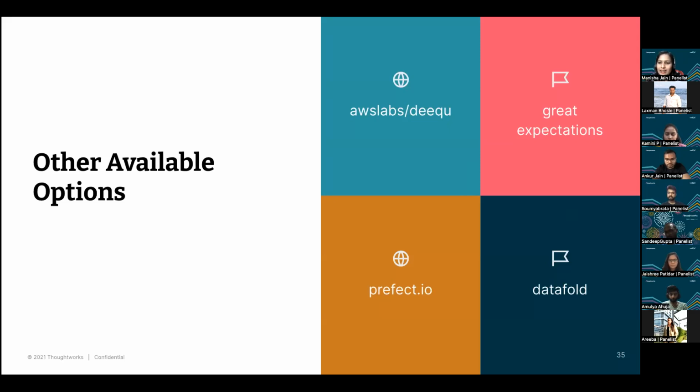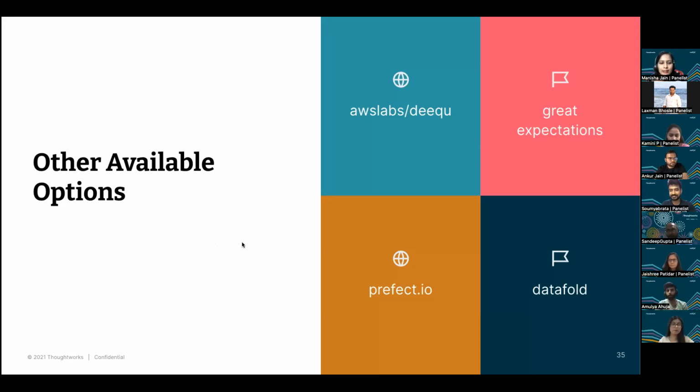But these are additional things where you're only looking for specific things. Like, I have everything in place, I'm only looking for flow-based testing, you can go for Prefect.io. There is no direct comparison to dbt as yet, because it is unique in its own way, but these libraries do some aspects of it. So we want you to look into this if you have additional interest in this topic.